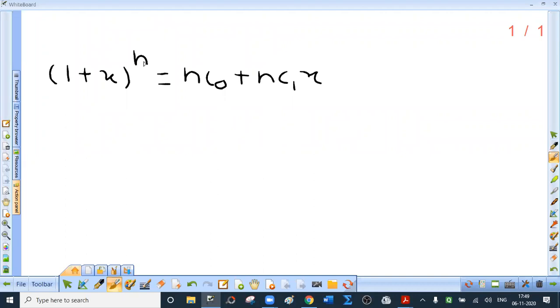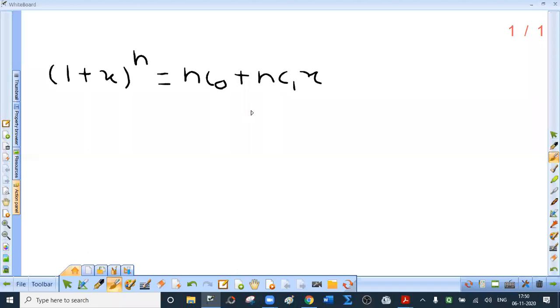I know that previously we discussed binomial theorem for any real index, but when I say binomial coefficients of order n, by that I mean n is a natural number. So what is (1 plus x) raised to n? It is nC0 1 raised to n, but I haven't written that, plus nC1. Again, I'm not writing 1 raised to because it is 1.